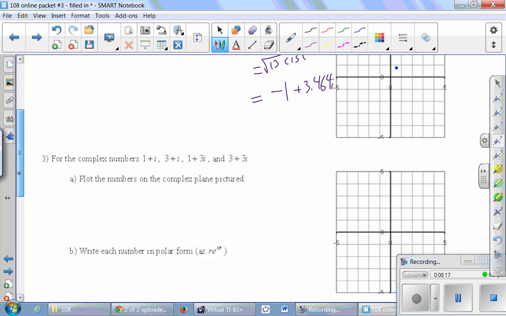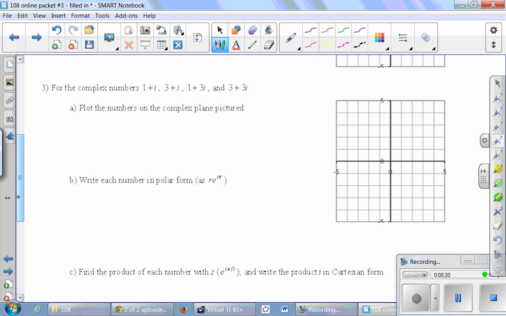Okay, next one, 3. For the complex numbers 1 plus I, 3 plus I, 1 plus 3I, and 3 plus 3I, plot the numbers on the complex plane pictured. Okay, so let's try this. So 1 plus I, that means go 1 to the right and 1 up. I'm going to write this a bit to the left. 1 plus I is there.